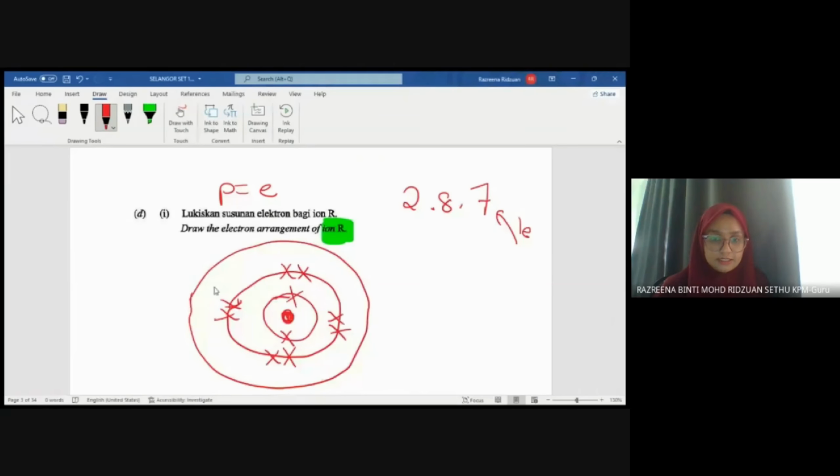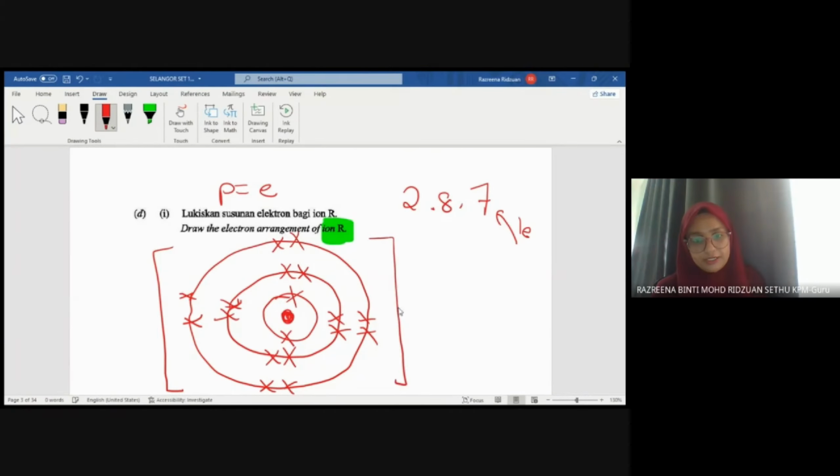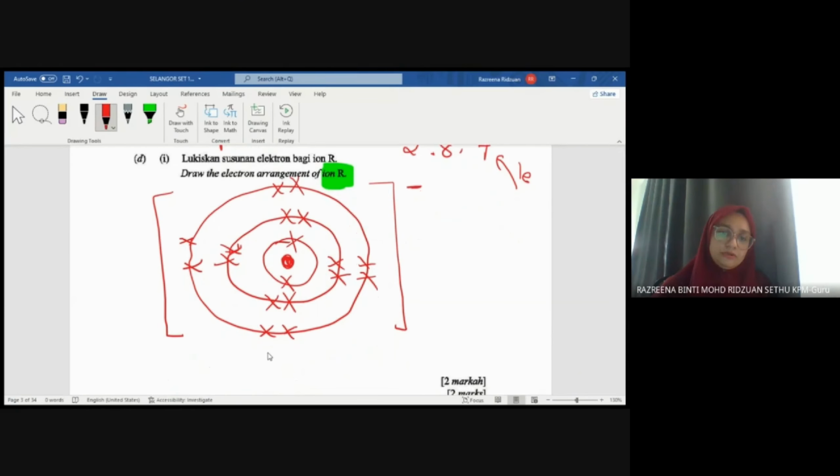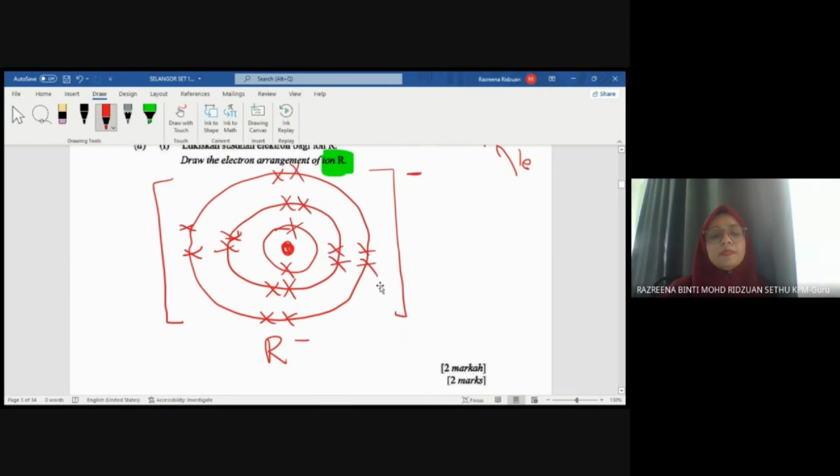Originally it has 7, but you add 1 here, so don't forget to put a bracket here. Because you receive an electron, you are negatively charged, and you write here negative. That is 2 marks.